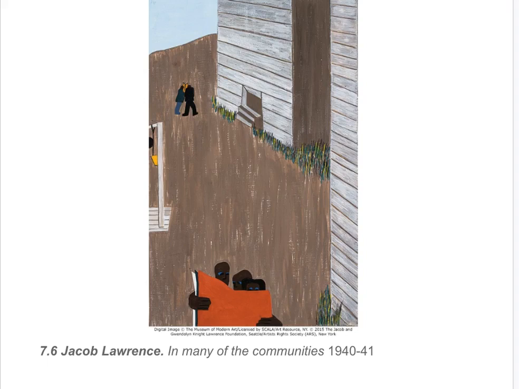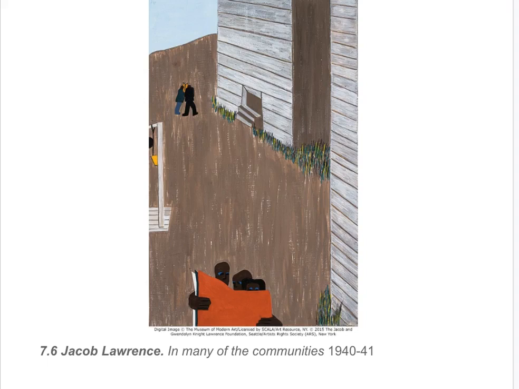This particular example by Jacob Lawrence is purposefully done in this style. So don't think that, oh, it looks kind of cartoonish and not very realistic. That was his intent. He wanted to make it look this way, and he was using tempera as his paint medium.